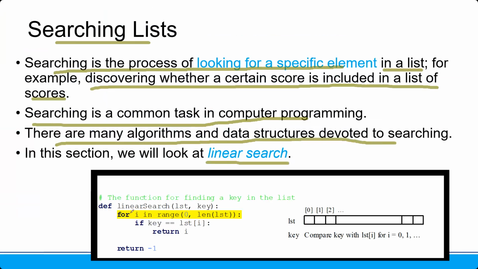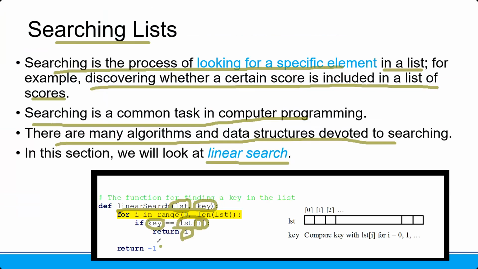In linear search, this is the code. We have the list, and we need to find a key. If the value of the key equals the list element at index i, then return the index.